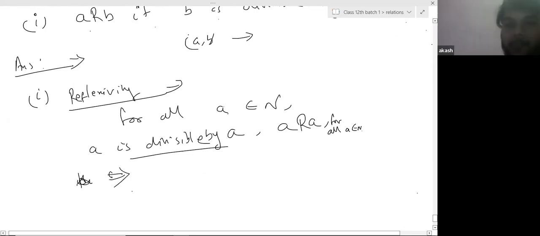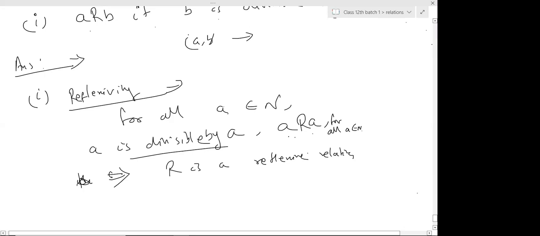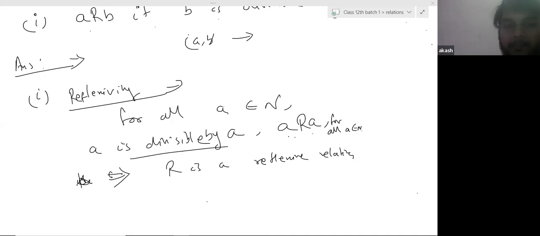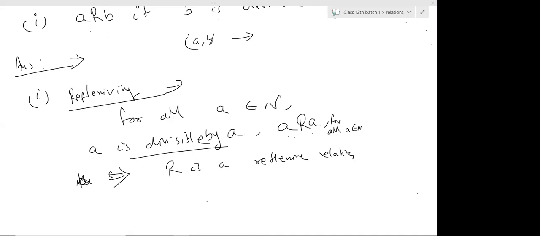This implies that R is a reflexive relation. If all the numbers are related to themselves, then that is called a reflexive relation, right, everyone? All right, this is clear, the writing style and the concept behind that.